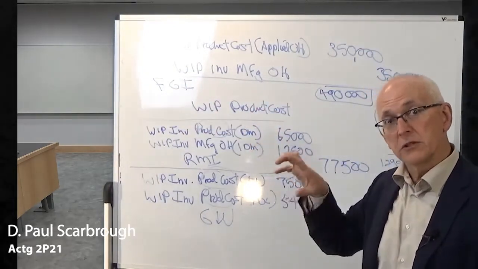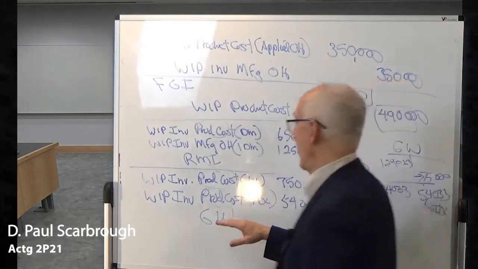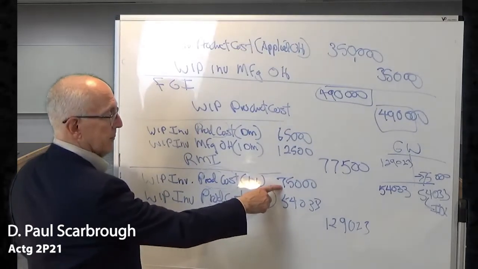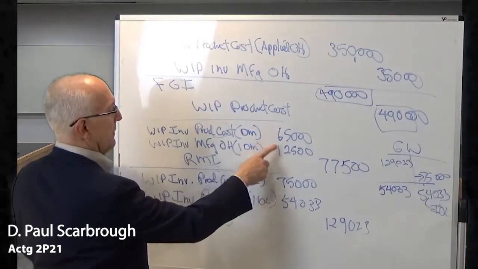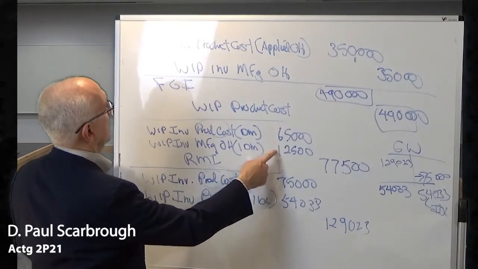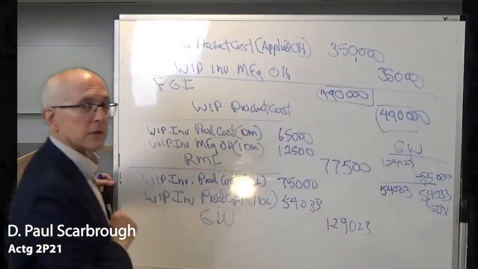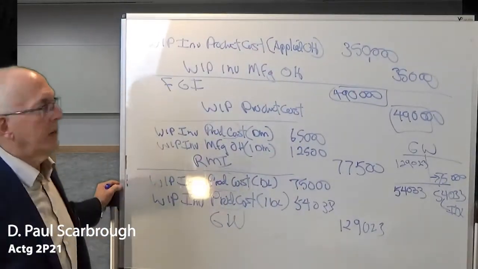But what you need to do at this point, take your notes and go back and look at every journal entry we did. Every time we did WIP inventory product cost, start to add those up. 75,000 plus 54 plus 65,000 plus 125. And then look any place else we had plus $350,000, right? And then look at anything that I might have erased because I ran out of space.